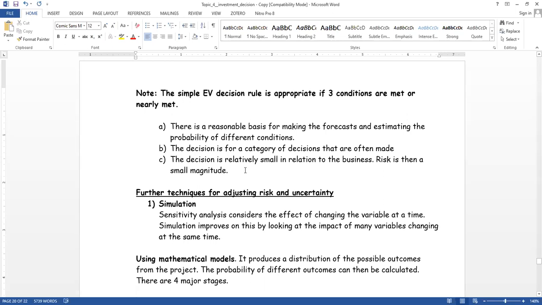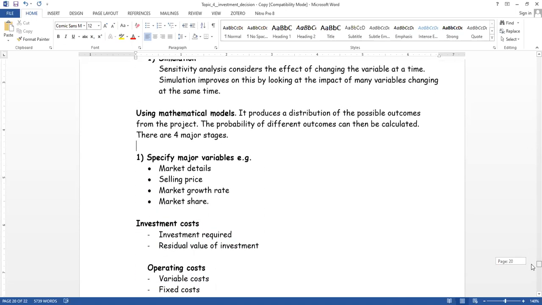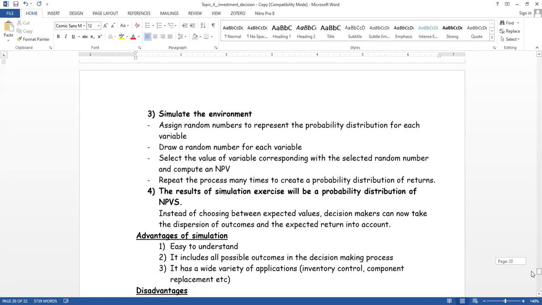And then the decision is relatively small in relation to the business. In other words, the risk is of small magnitude. In other words, you find that the risks involved are not so high. Okay. So there are other techniques of adjusting for risk and uncertainty, and I will require you to go through them.